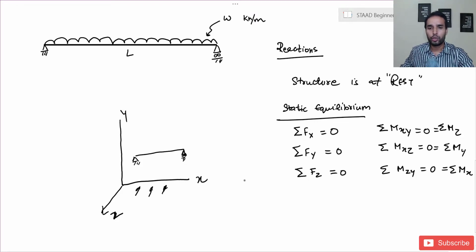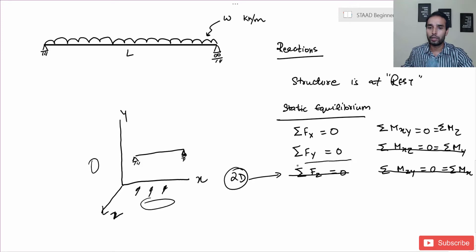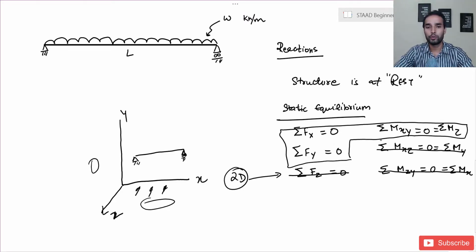So in a usual 2D case, what happens is these values are taken out of the consideration because nothing is on the plane zy. So this goes out of the picture, and nothing is along the plane xz. So this goes out of the picture as well. So what we are left with are these three equations. That is Fx equals to 0, Fy equals to 0, and Mxy or Mz equals to 0.